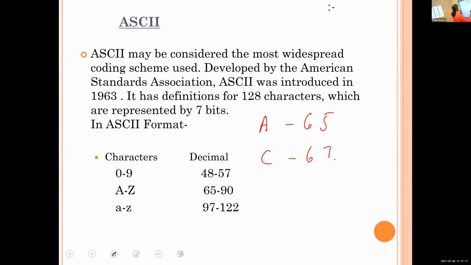So B is 66. Then Z, Naurin, what is the ASCII value of Z? 90.